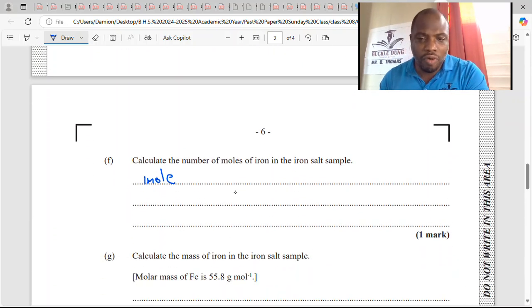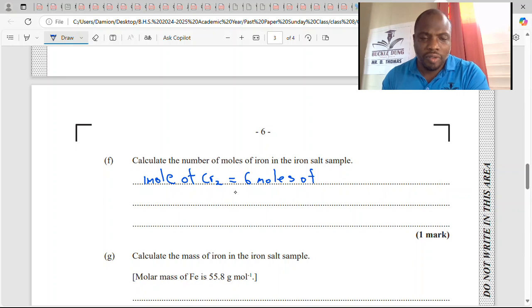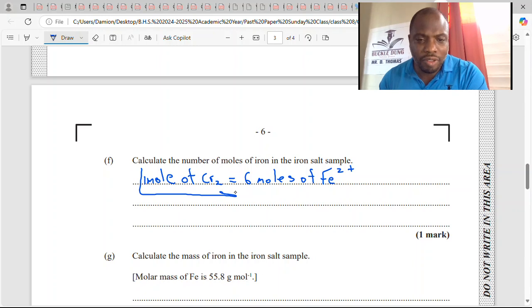Here's how. We know 1 mole of dichromate, Cr2, is equal to 6 moles of iron 2. This I use to create the conversion I'm going to be using.